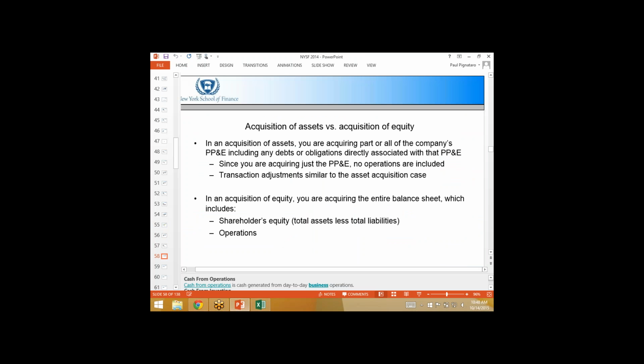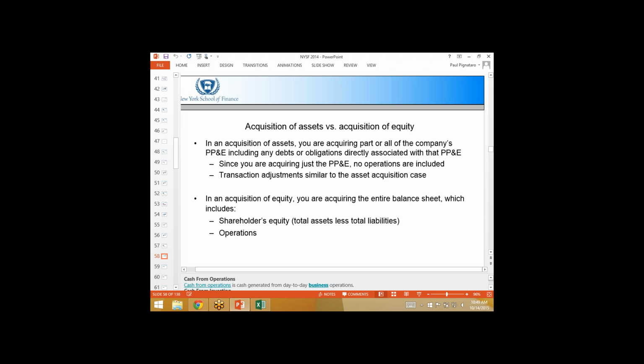Getting back to acquisitions, we talked about acquisitions of assets, and we talked about how that compares to an acquisition of equity. There's a significant difference. When you're acquiring something that's operating and that has revenue and cost tied to that revenue and a balance sheet and working capital and shareholders, you need to think about acquisitions at a more complex level. How do you think about that?